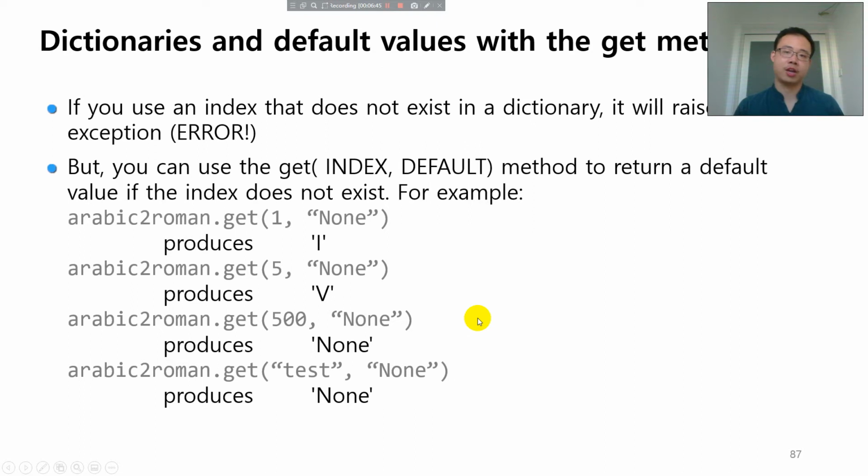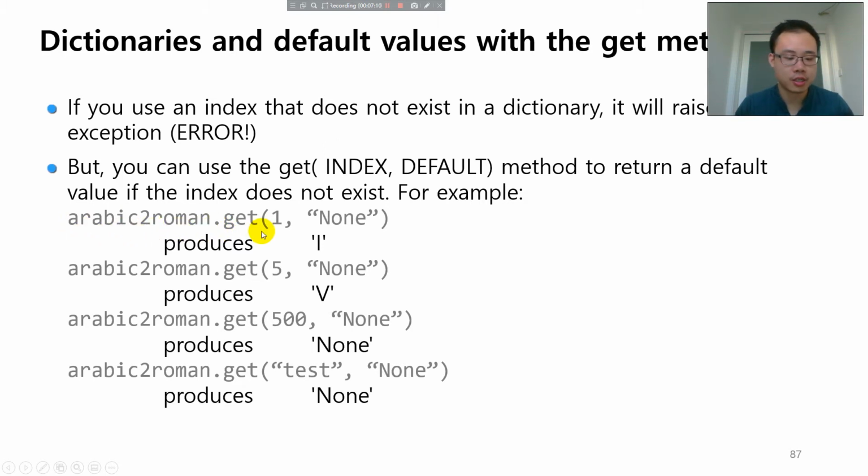Dictionaries and default values with get methods. So for any objects, you have some methods that you can use, okay. Like the first one is get.